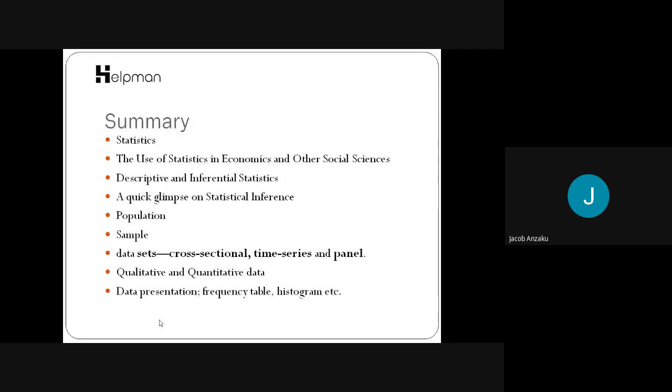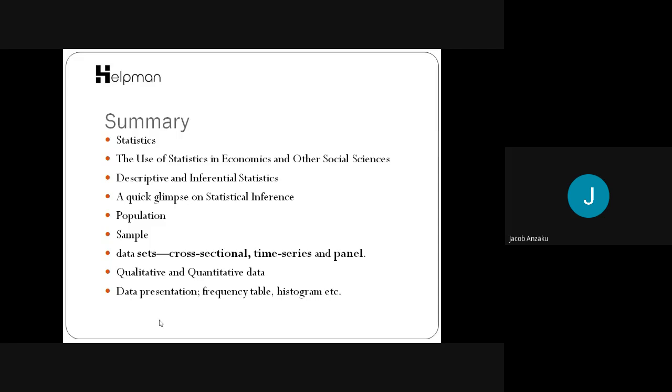And then we talked about data sets. We see there are three types of data sets. We have the cross-sectional data, the time series data, and the panel data. Cross-sectional data involves data collected at random. We have the time series data collected over a long period of time.